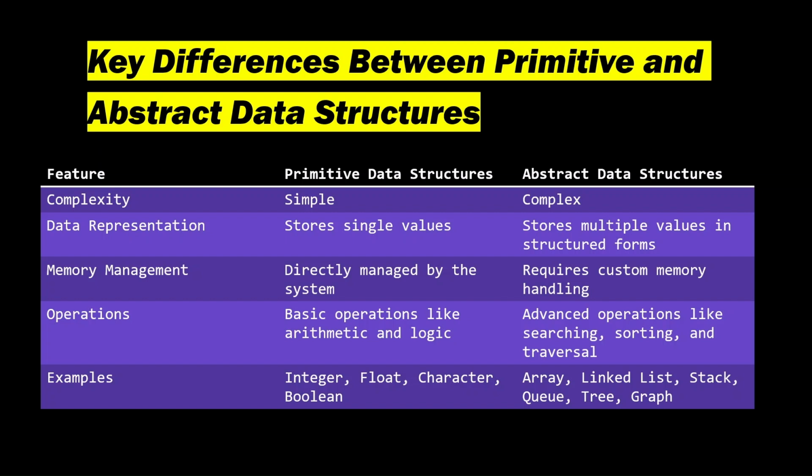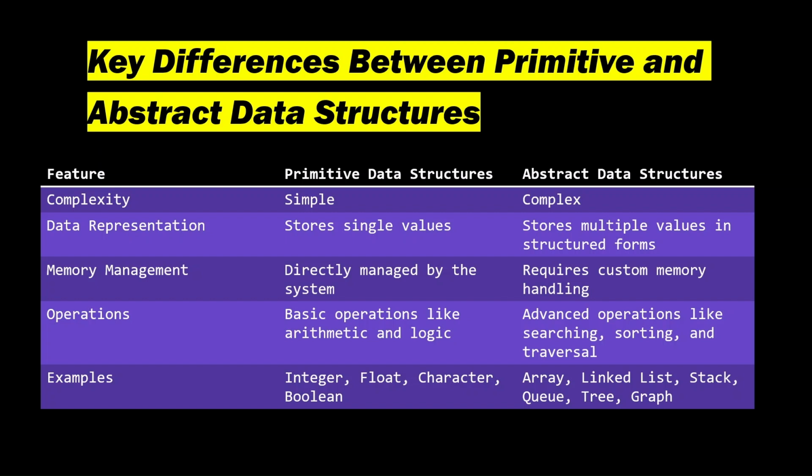Memory management: primitive data structures are directly managed by the system, while abstract data structures require custom memory handling. In operations, primitive data structures do basic operations like arithmetic and logic, whereas abstract data structures do advanced operations like searching, sorting, and traversal.